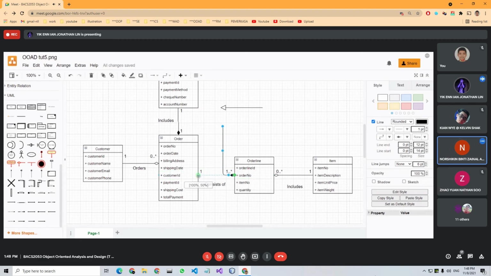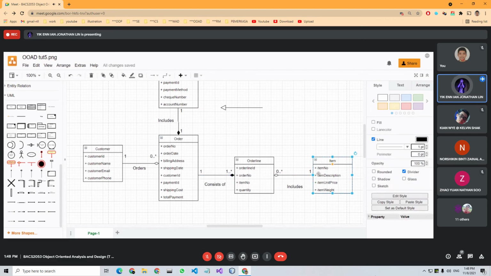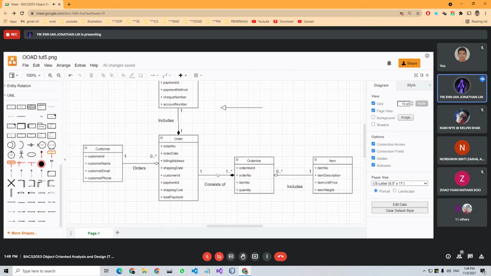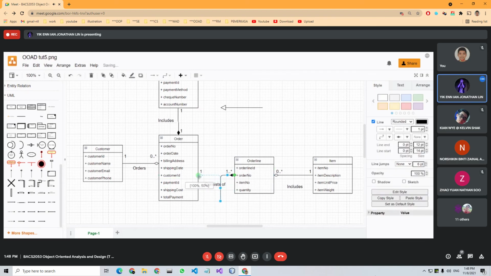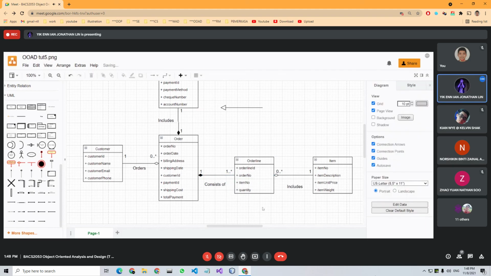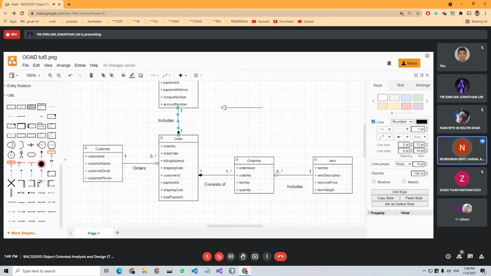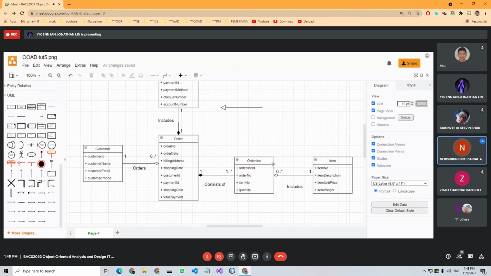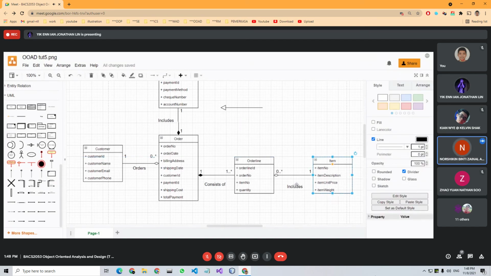The last one is aggregation. The item does not need to be included in an order line, because if it's not ordered, it will still be there. I think this one is the other way around.